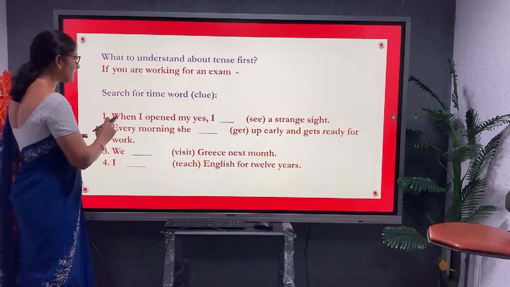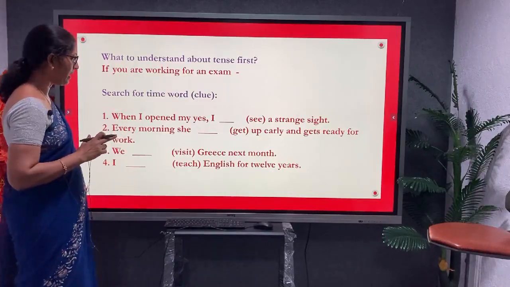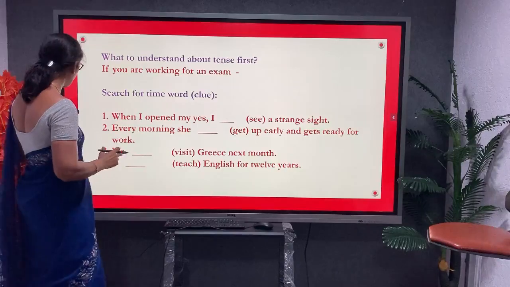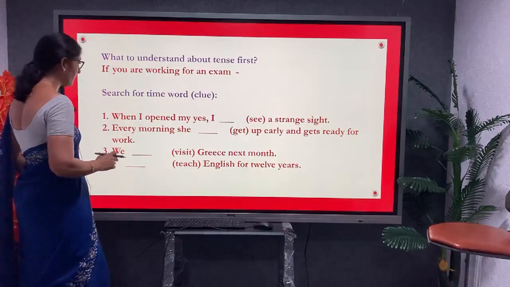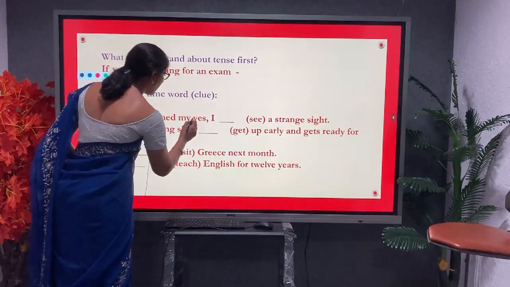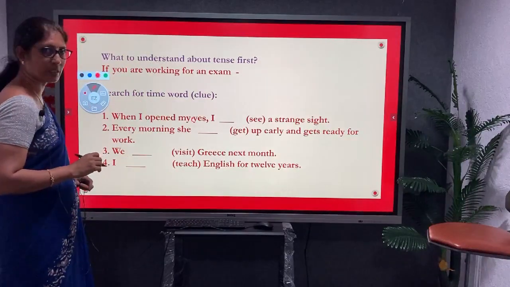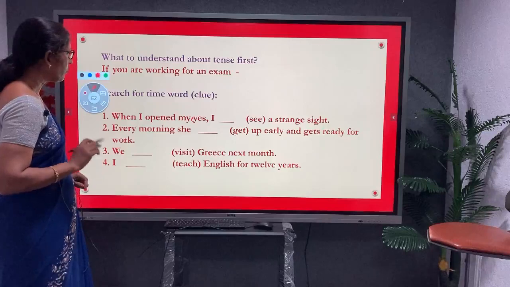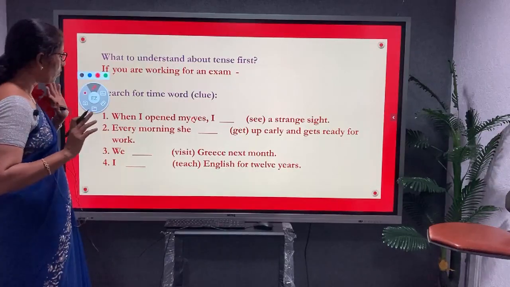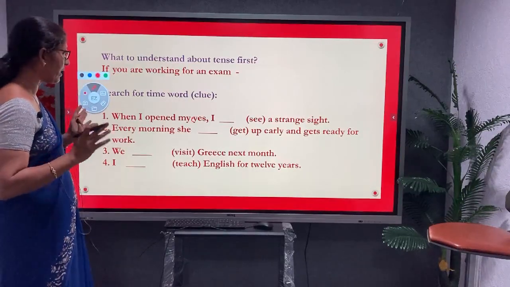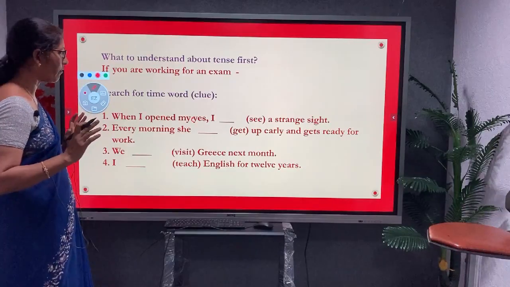Take the first sentence. When I opened my eyes, I dash see a strange sight. Here, what is the clue? First of all, what's the time? You have to identify the time. So how can we identify the time?